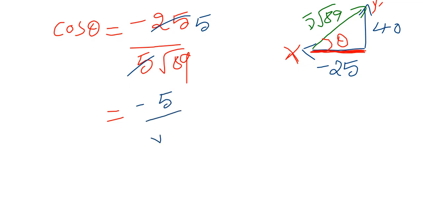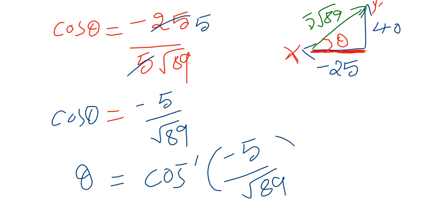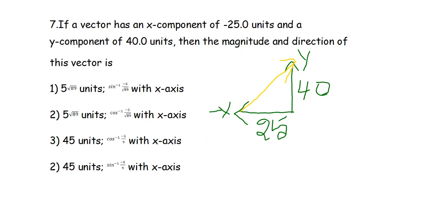Theta is cos inverse of minus 5 by root 89. So the magnitude is 5 root 89 units, and it is making an angle of cos inverse of minus 5 by root 89 with the x-axis. Option 2 is the correct one.